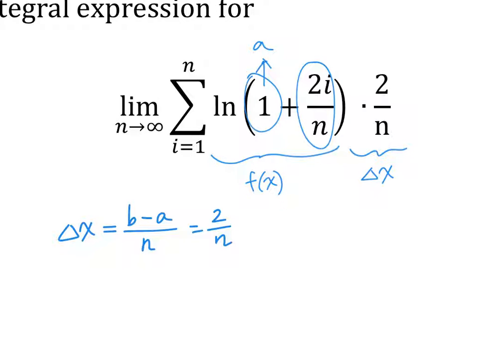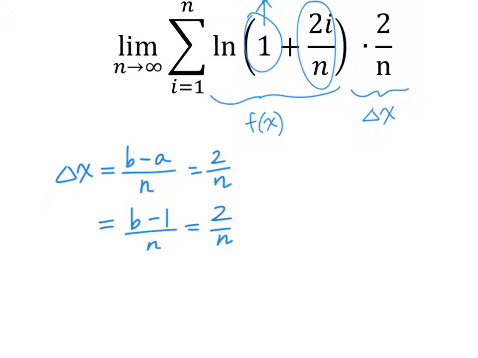The part they're multiplying at the end, 2 over n, has to be dx. We also figured out that a is 1. We're starting at the number 1. So b minus 1 over n is equal to 2 over n. Now it's a really simple matching game. So b minus 1 is equal to 2, so b has to equal 3. So this is the limit from 1 to 3.